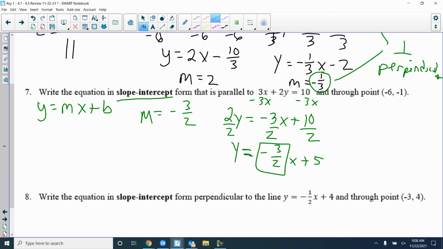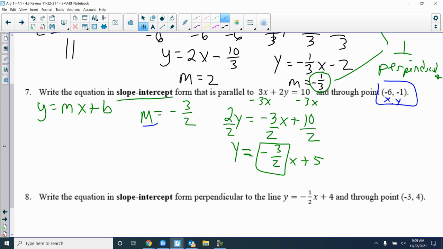Now, what do I do now? Okay, it's parallel. We need a slope that's parallel to that slope, so the same. What point does it have to go through, guys? Maddie, what do you think? Okay, so I need to take this x and y with this m and put it in what formula? Point slope.